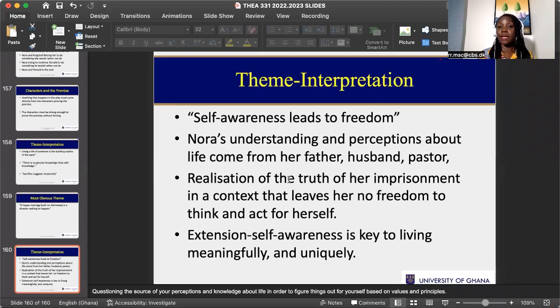Self-awareness and learning to question the source of our perceptions and knowledge about life. Because it is not always that you find yourself in situations where people are making decisions and creating rules to favor you. No. Certain rules will be created to favor others.